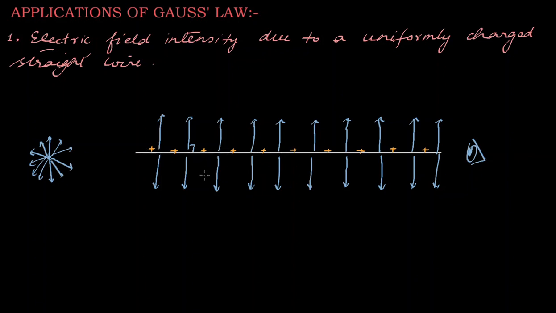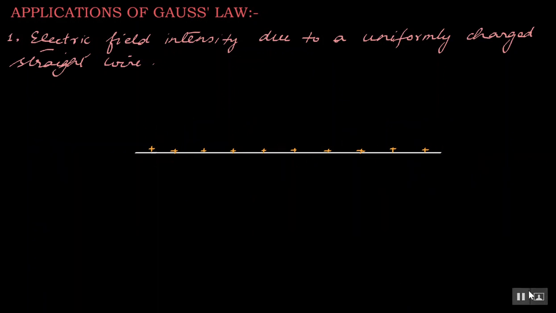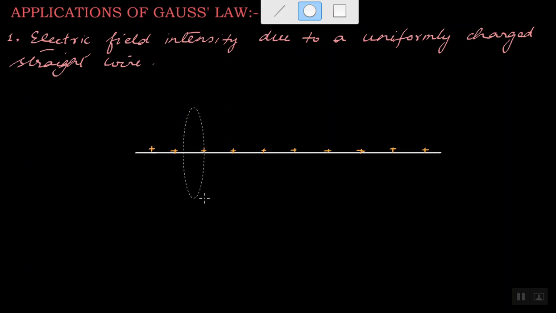Now, what do we do? In order to find the electric field, in order to apply the Gauss law, you have to draw the Gaussian surface. Okay. Now, what type of a surface are we going to draw out here? We will draw the cylindrical Gaussian surface. Okay, so let me just complete this diagram. Let's say I have a cylinder like this.